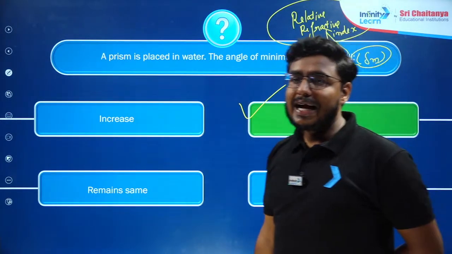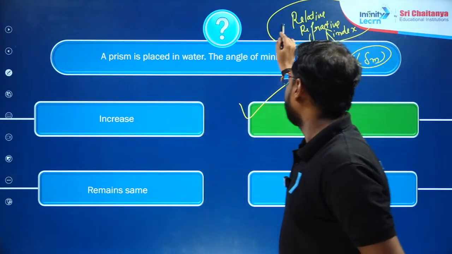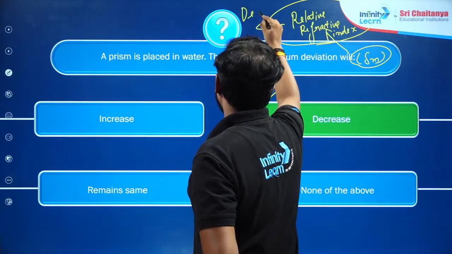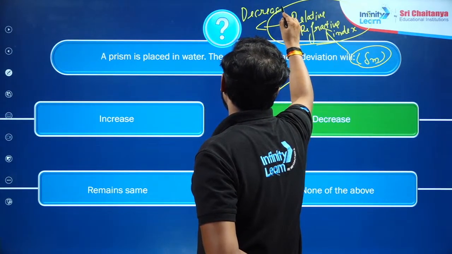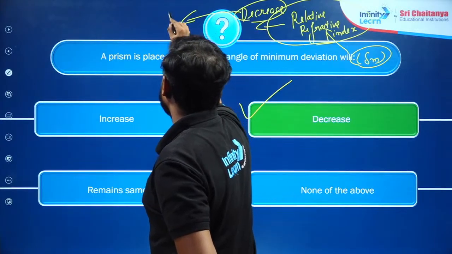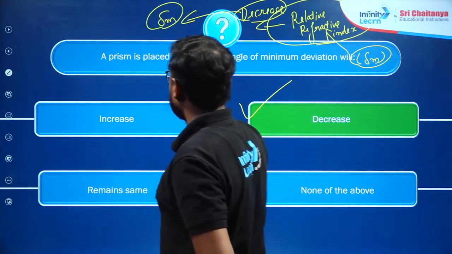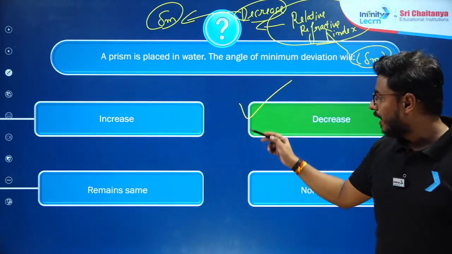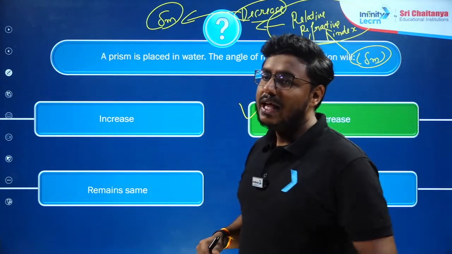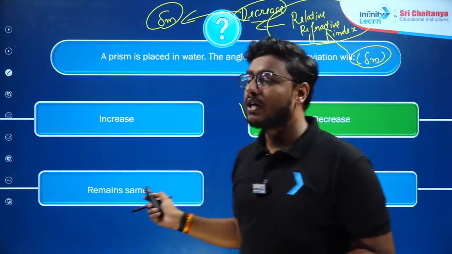Okay, and this relative refractive index is getting decreased there when we are putting it in a water, and that's why the minimum angle of deviation will also get decreased. Okay, that's why option B here is correct. Yes, Abhijit, you are right, and as well as Pratap gave the right answer.